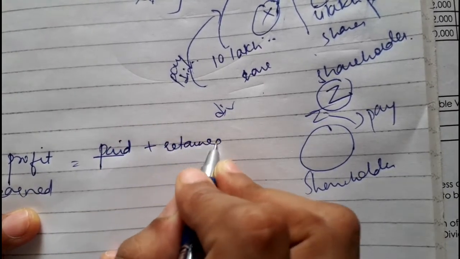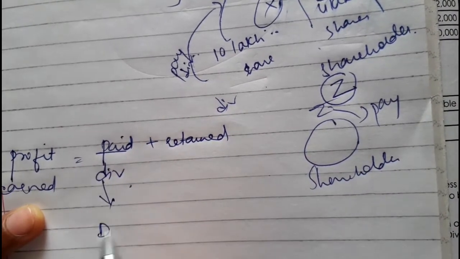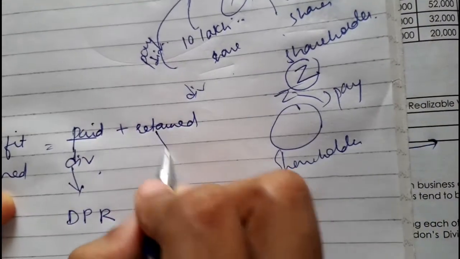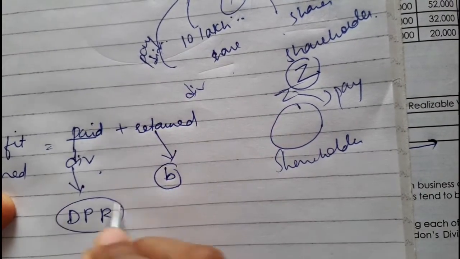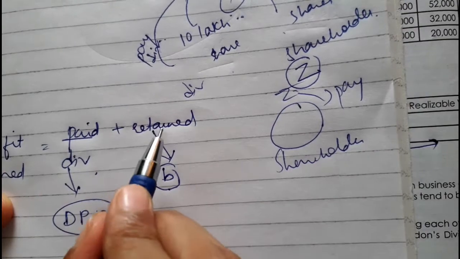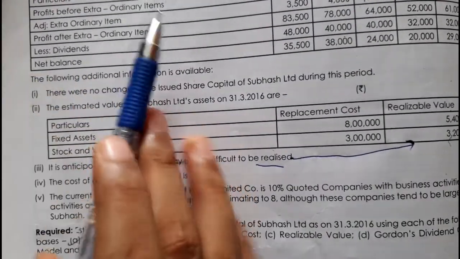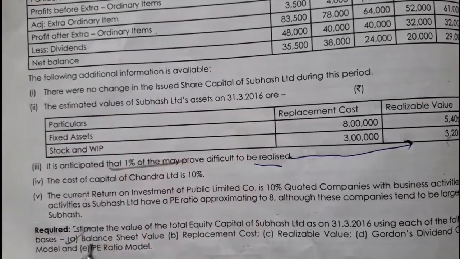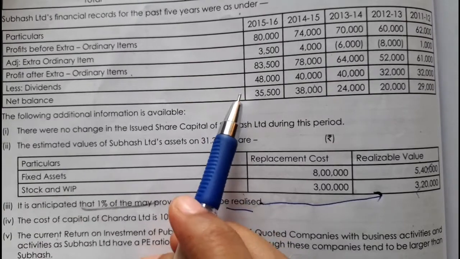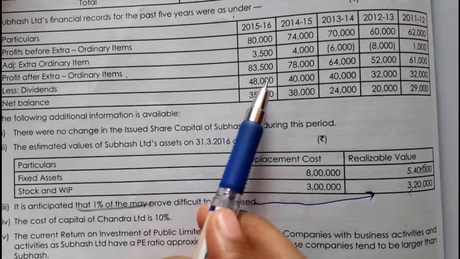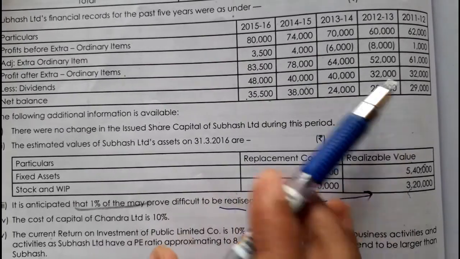The part paid as dividend is the dividend payout ratio, and the profit which is retained is denoted with B. So this is profit retained upon profit earned. In this question, after paying the dividend, whatever is there has been retained in the company. So this is the profit retained.